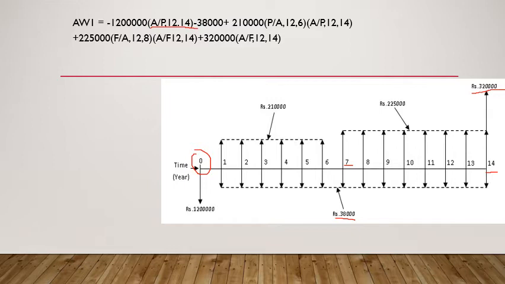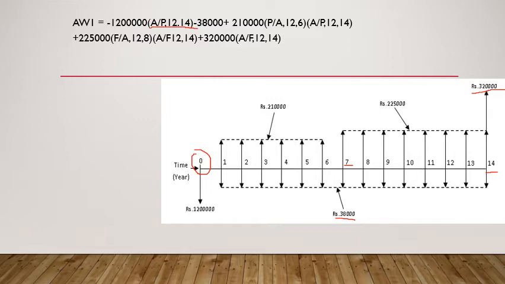My intention is to convert any cash flow into an equivalent annual flow for the entire life period. In this case it is 14 years. So this is an equivalent annual worth only for 6 years, not for 14 years. So I need to convert that A of 6 years into A of 14 years. Okay, how do I do that?